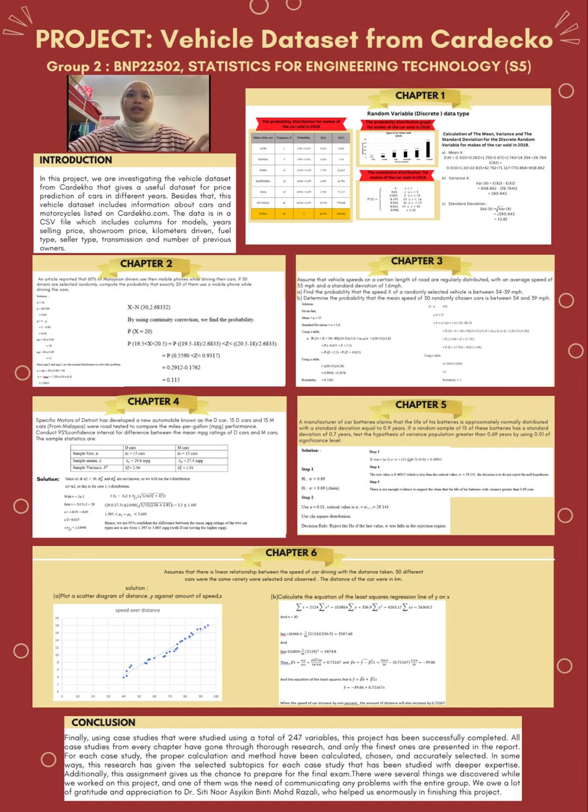So first, we got the summation of x is 2124, summation of x square, and we got the summation of y, summation of y square, and then after we get the values of the summations, we find the SSY and SSX to find the b1, and then after that we got the b0, and the y bar is negative 39.86 plus 0.721678x.